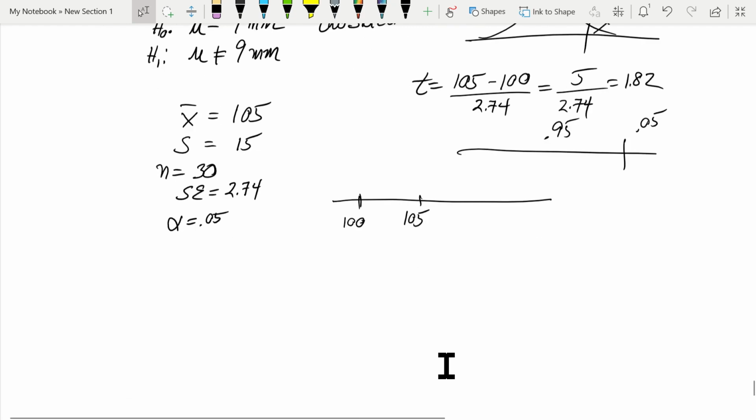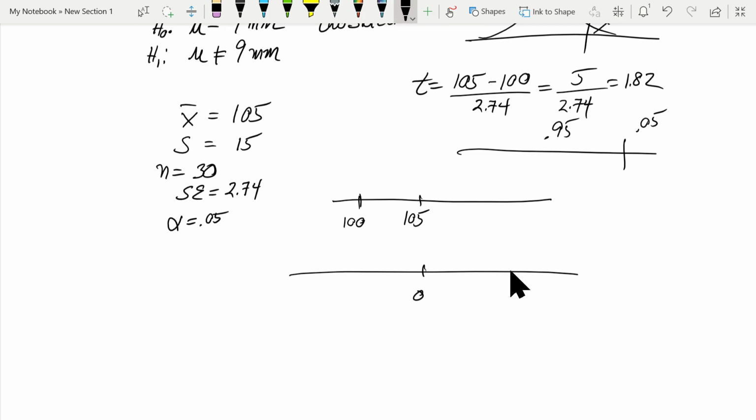So this is a one-tailed test. Here's the t, this is 0. Here is 1.82. The area to the left of 1.82 is 0.96.